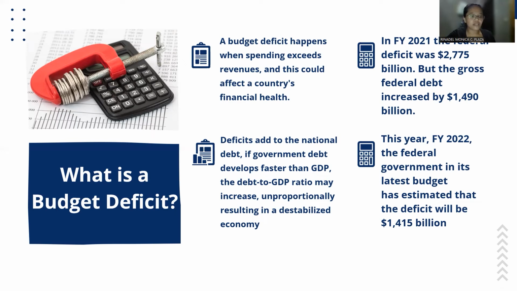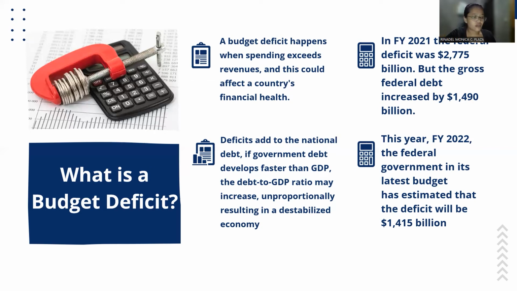Inflation, or the constant rise in price level, is one of the key threats of a budget deficit. A budget deficit in the United States can force the Federal Reserve to release more money into the economy, and thus this feeds inflation.